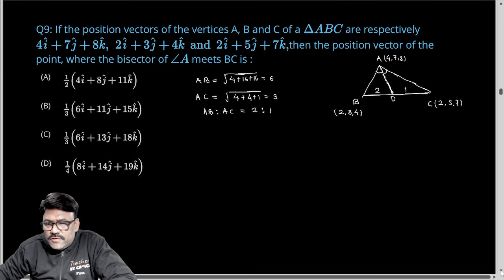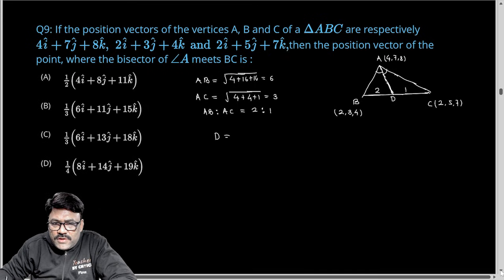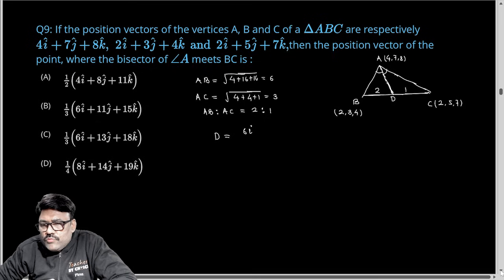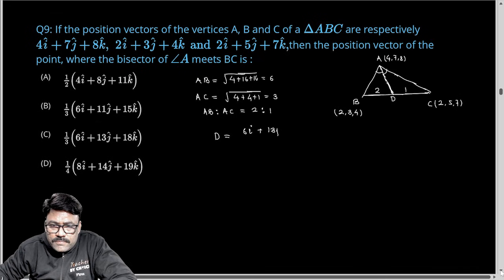Now use section formula to get D. So if I use section formula here, so I will get what? 2 into 2, 4, plus 1 into 2, so 6I, then plus 2 into 5, 10, 1 into 3, so 13J, 2 into 7, 14, 1 into 4, so 18K, divided by 2 plus 1, 3.